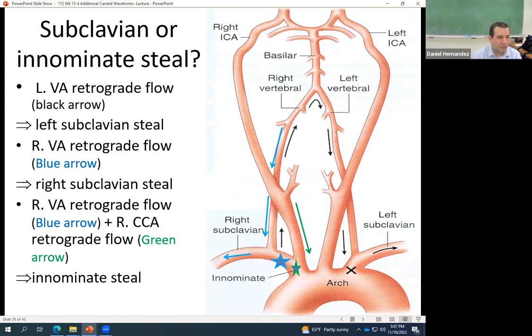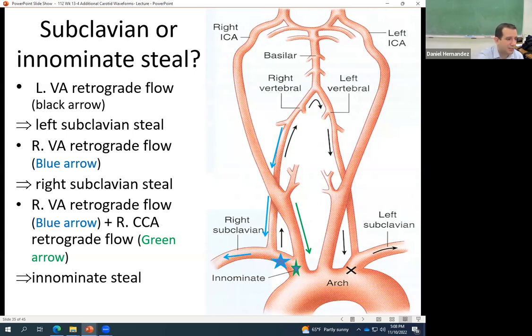So the boards will want you to recognize whether it is a subclavian steal, with a stenotic lesion in the subclavian, or whether it is in the innominate. So retrograde flow or partial steal in that left vertebral will indicate a left subclavian steal.